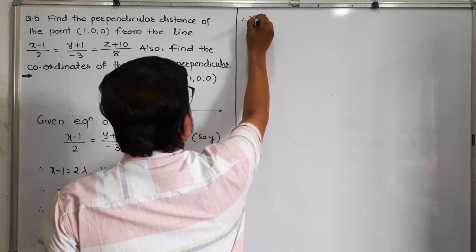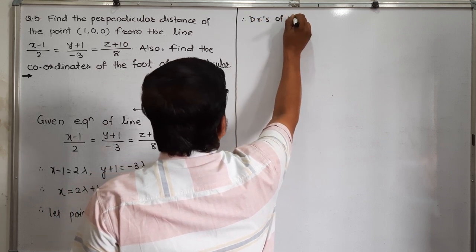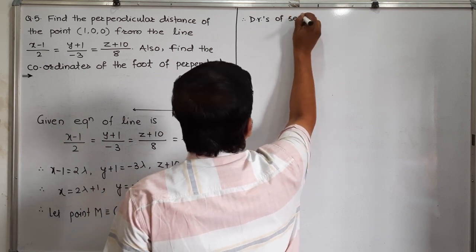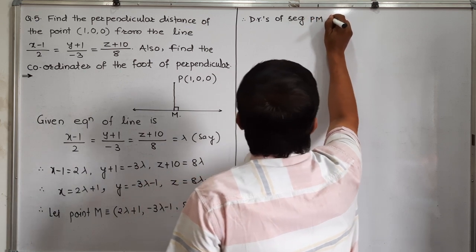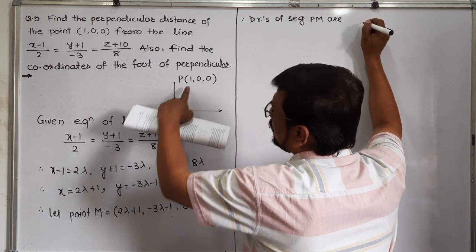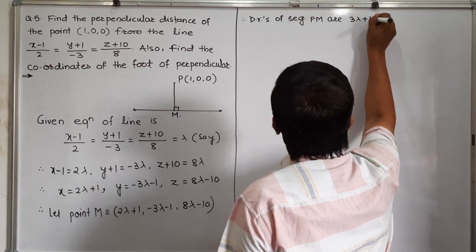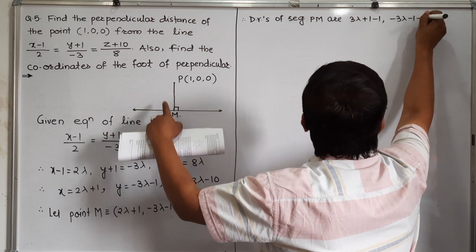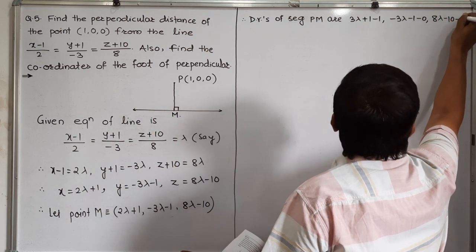Therefore direction ratios of segment PM are 2 lambda plus 1 minus 1, minus 3 lambda minus 1 minus 0, and 8 lambda minus 10 minus 0.